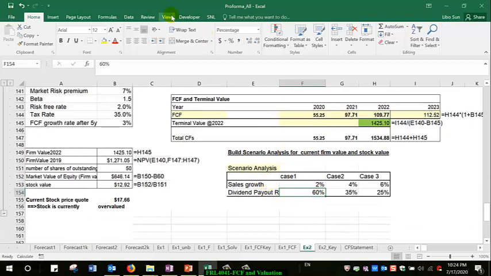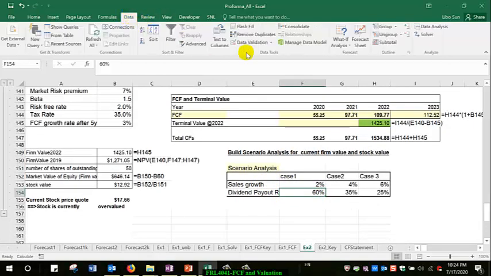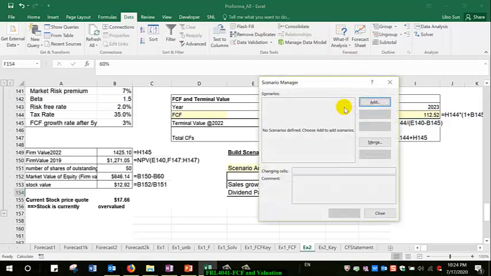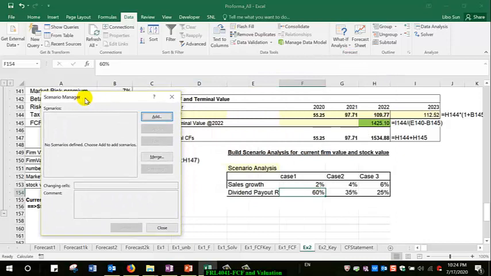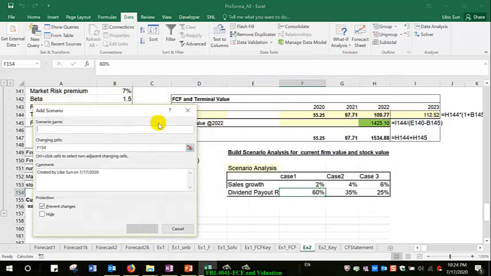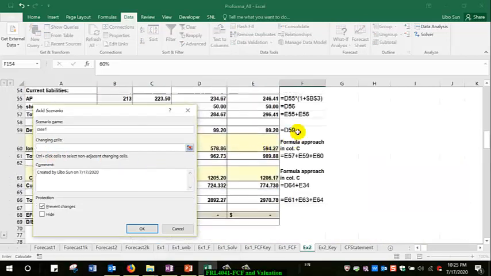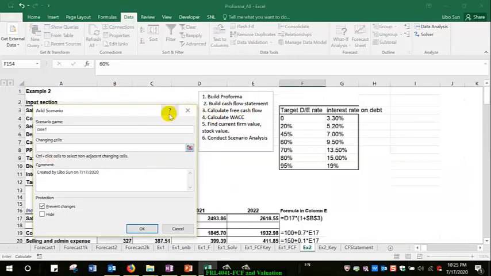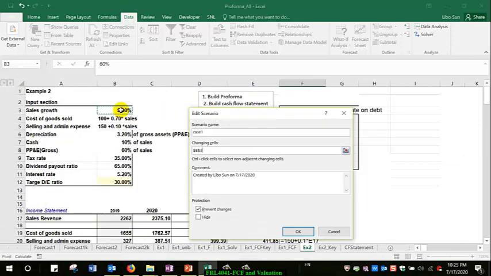So what we do is go to Data, go to What-If Analysis, and pick Scenario Manager, right? Right now I haven't built anything yet. I'm going to add cases. Case 1: here we want to change sales growth and the dividend payout ratio. We go to these two cells as inputs: we have sales growth here, comma, then we also want to change the dividend payout ratio.